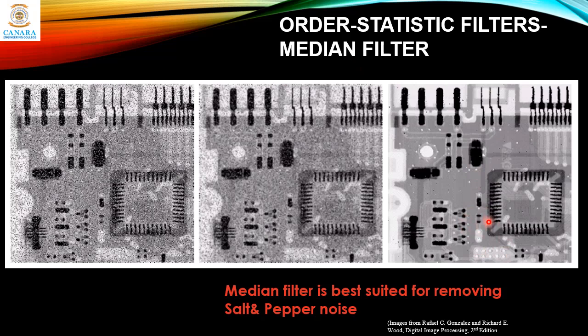You can conclude that for salt and pepper noise, the median filter is the ideal choice. An averaging filter won't help in removing the noise, but a median filter will. You can see some variations around the edges if you zoom in and observe, but still that is okay. It's doing a much better job than an averaging filter here.